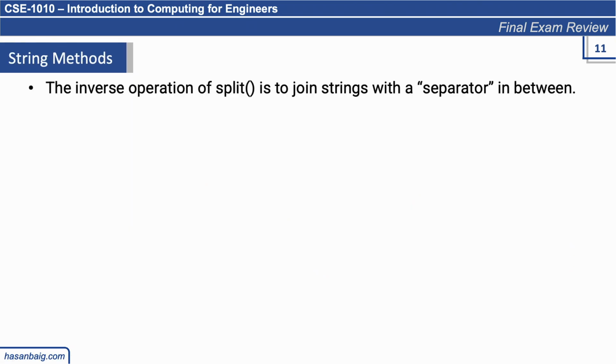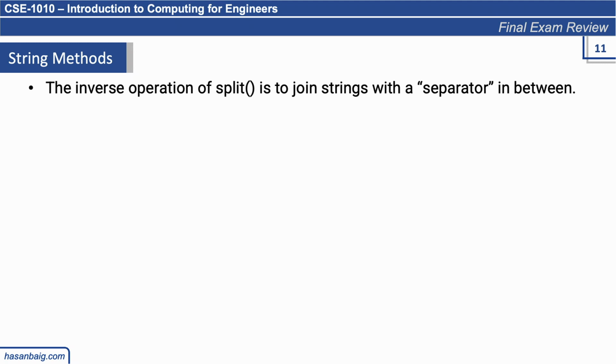The inverse operation of split is join. Just like we can split a string, we can also join strings, so it is exactly the opposite behavior. In the split method, the input is a long string, which is split into list elements.